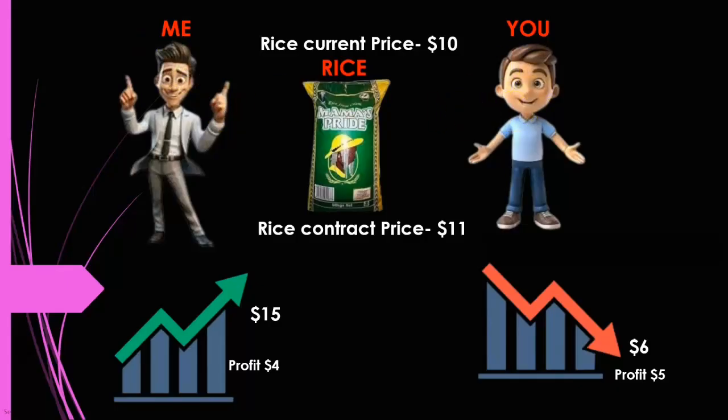Now let's assume that this is November. In December we usually have rice being very expensive. I don't know how it is in your country, but in Nigeria December rice is always very expensive. It's because a lot of people are trying to buy rice to celebrate December, because December is the month of celebration.